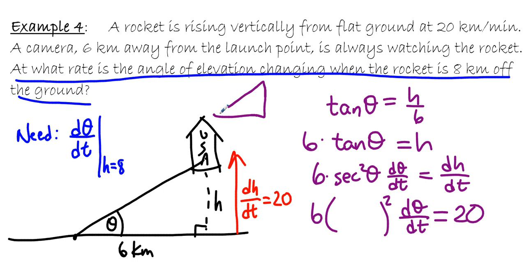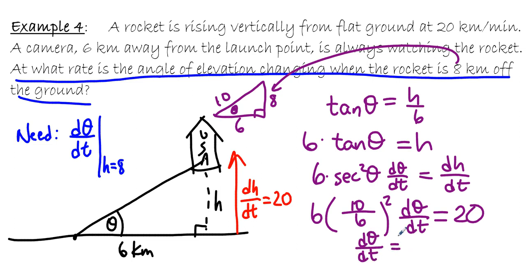Well, at the moment in question, that's 6 kilometers. That's 8 kilometers. This is the moment in question. Secant of theta is this over that. We don't know what this is. Oh, wait, we do. That's 6, 8, 10. So the secant is 10/6. And then you can figure out what d theta dt is.